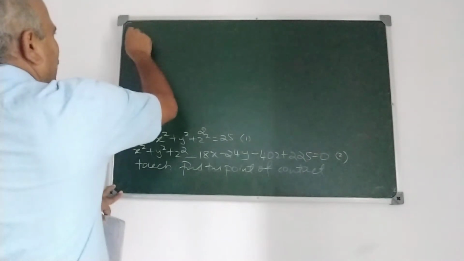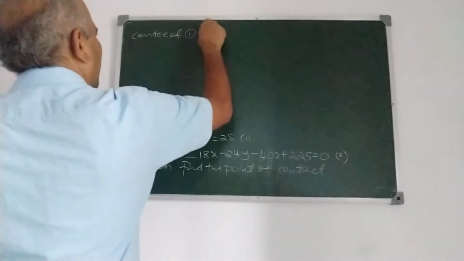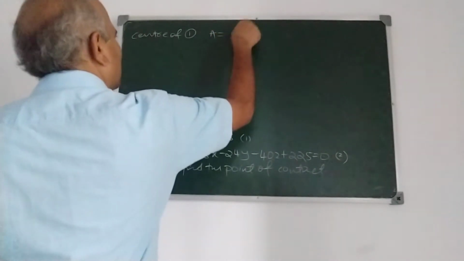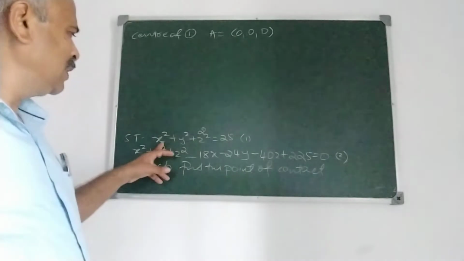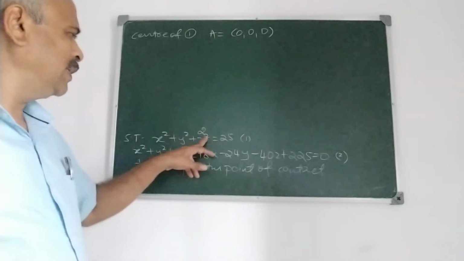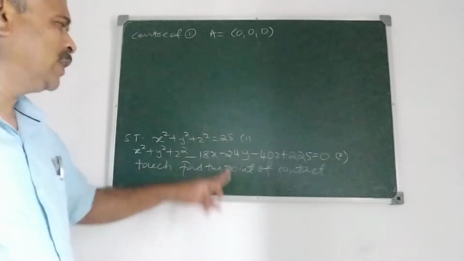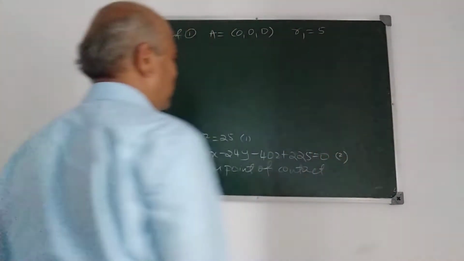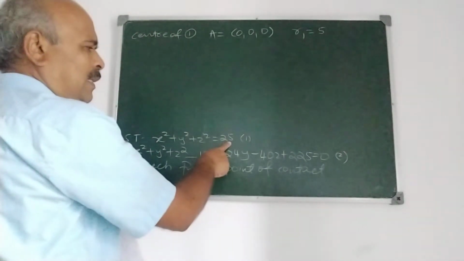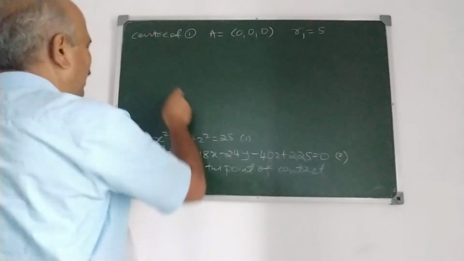Now I take the center of one as A is 0, 0, 0. Why is the center 0? Because it is x square plus y square plus z square, the square form, and the center is the origin here. What is the radius? I take this as R1. It is 5. The center is the origin, the radius is 5.